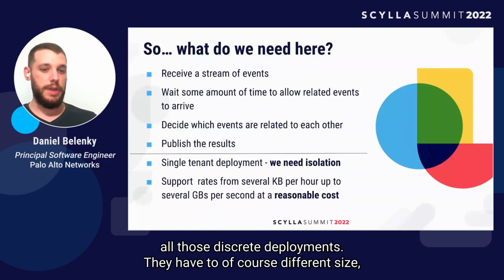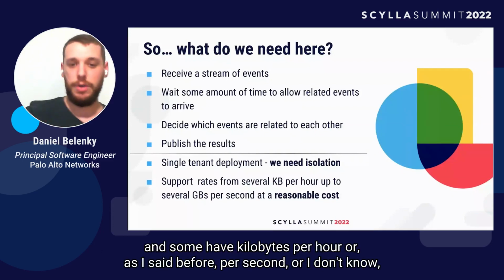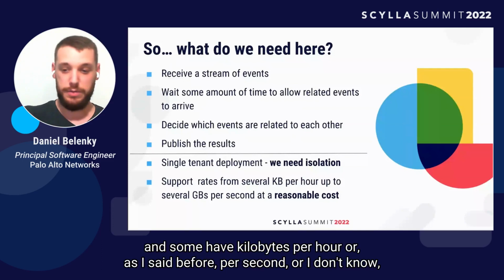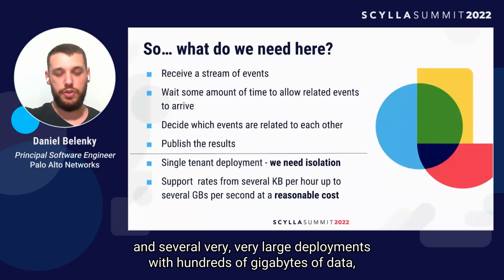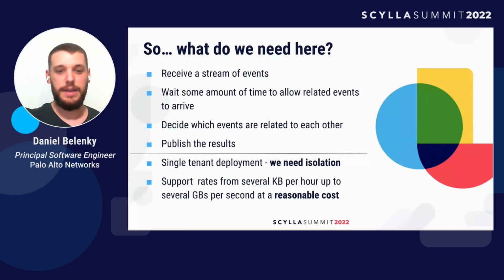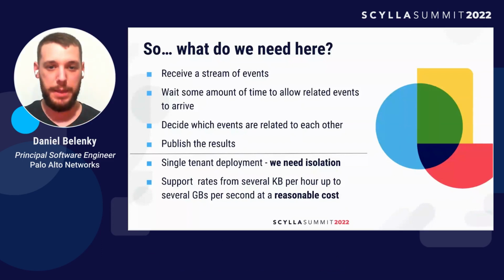Of course, they vary in size, and some have kilobytes per hour, or as I said before, per second, I don't know, and several very, very large deployments with hundreds of gigabytes of data. And all this has to be done, of course, at a reasonable cost.